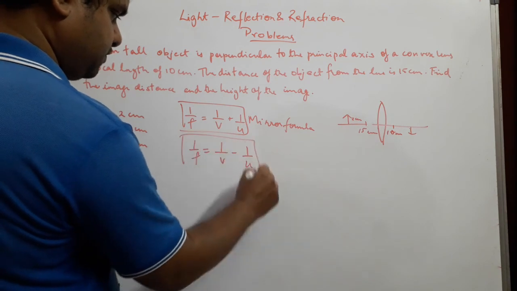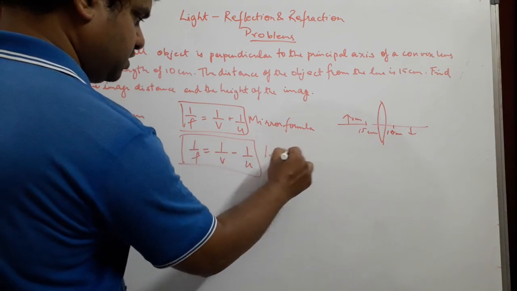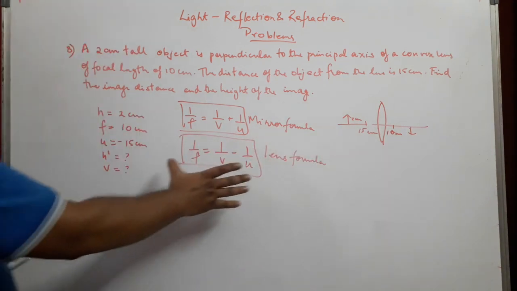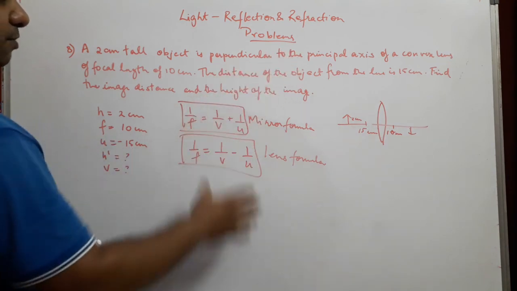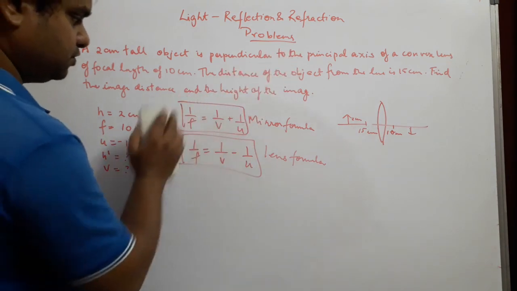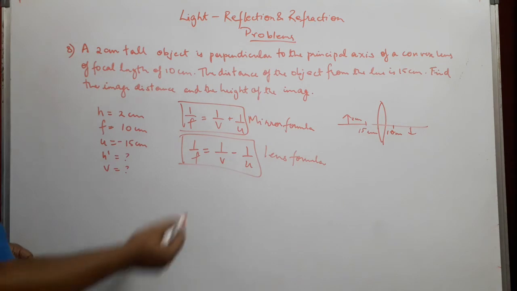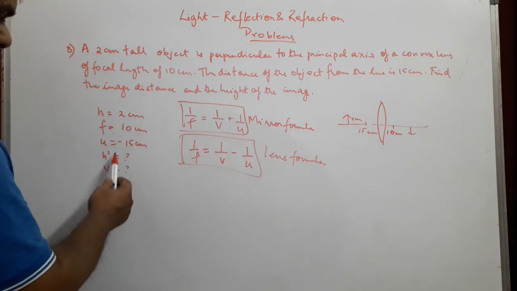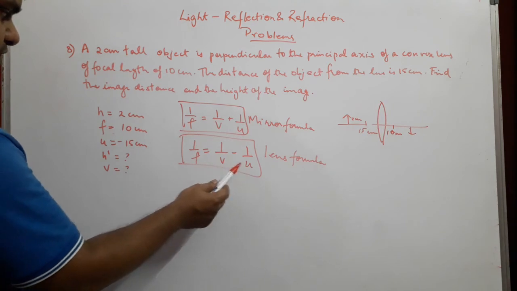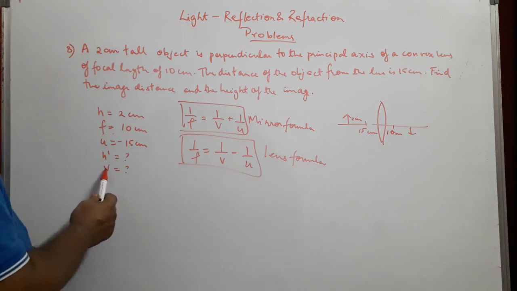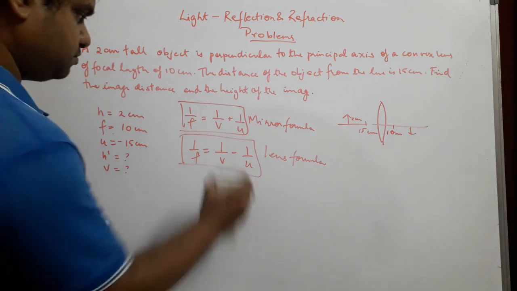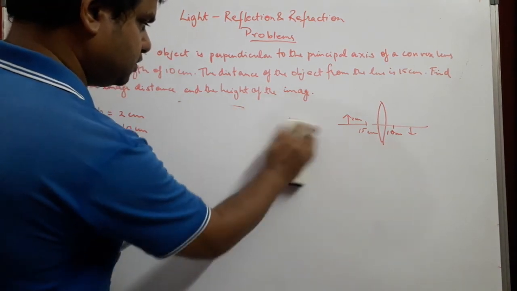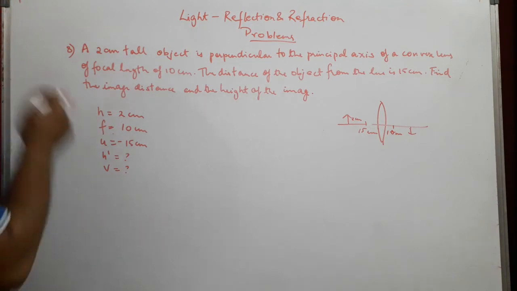See the difference between the mirror formula and the lens formula. Since we are talking about a lens, the lens formula needs to be used, because we are given the focal length and the object distance, but we have not been given the distance of the image.